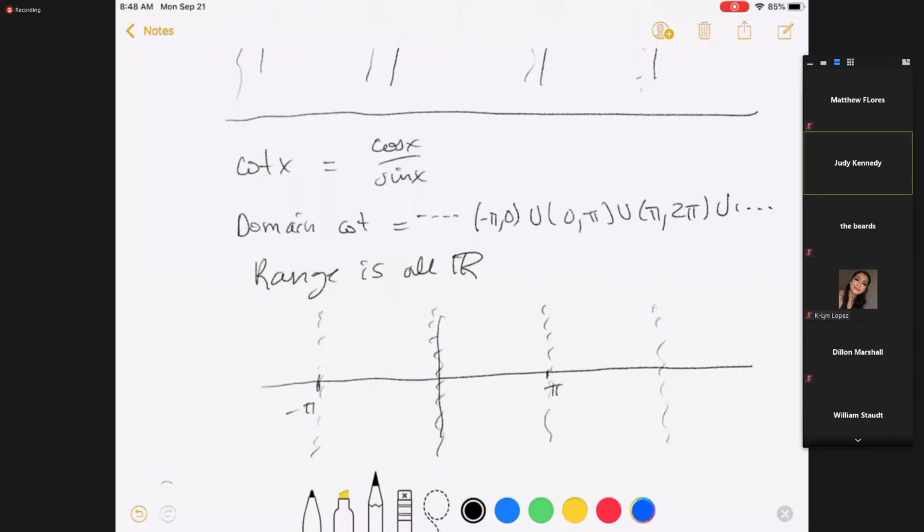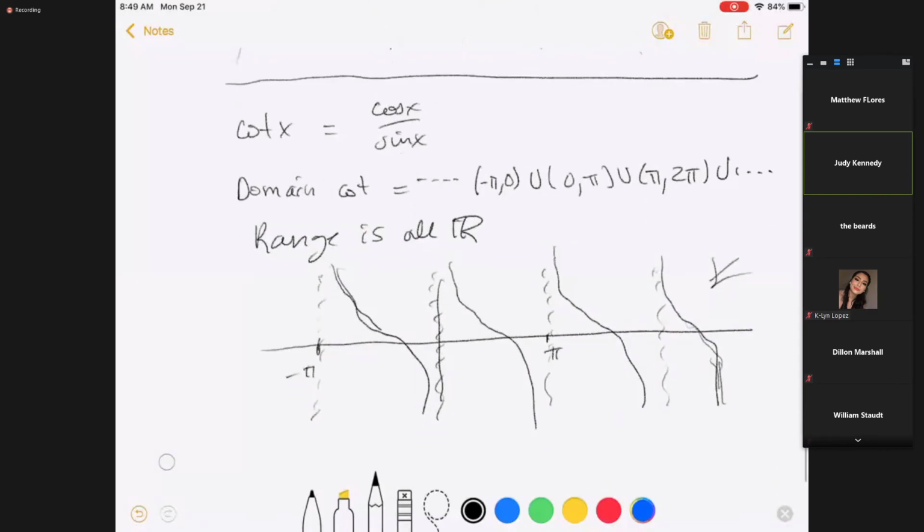Okay, and then, well, it's one of the tangents, so it's going to come in like this. That's a lot smoother than I'm making it. Okay, very rough. The graph looks like that.